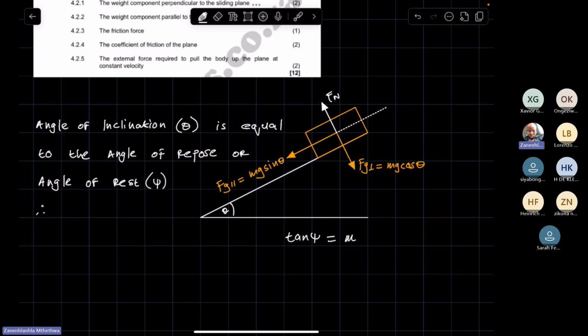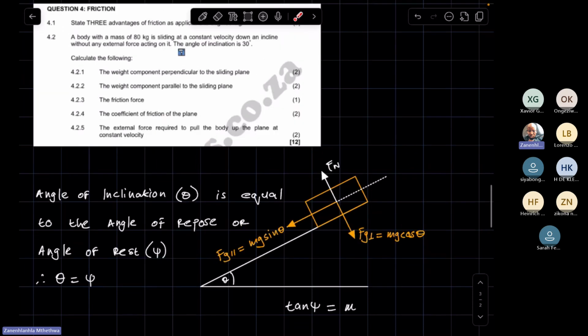Right. Therefore, meaning theta is equal to the angle of repose. Right. Any questions here? Very important that you understand this part.